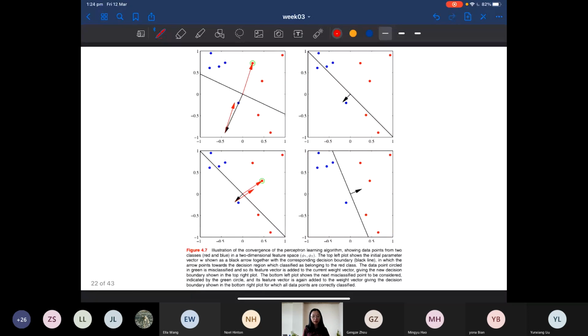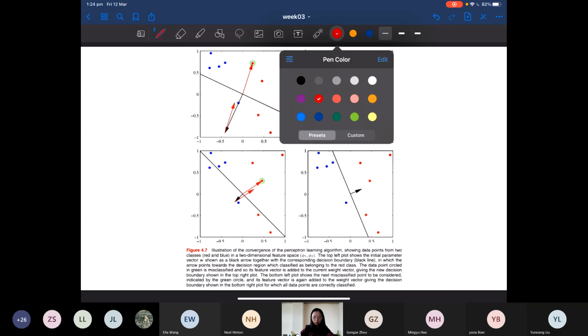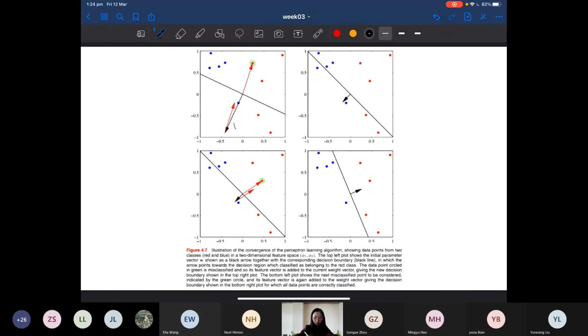So here's the pictorial example. The weight vector is indicated in black in here, and the red point here is being misclassified. This red arrow indicates essentially phi and Tn, basically where the weight vector will move.